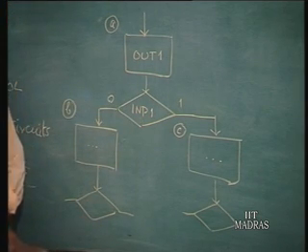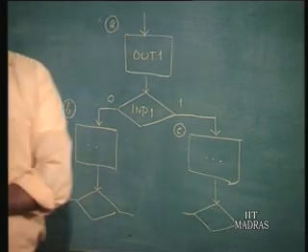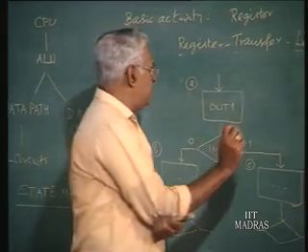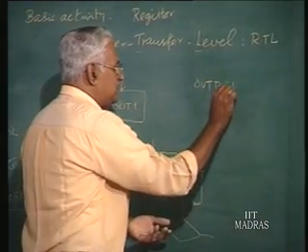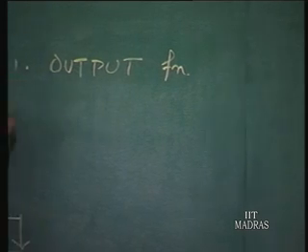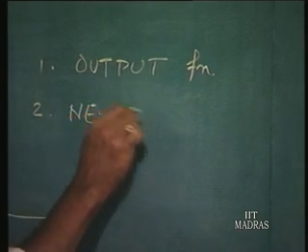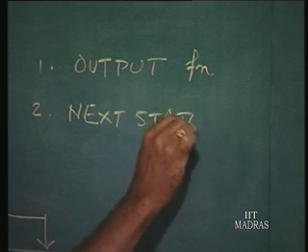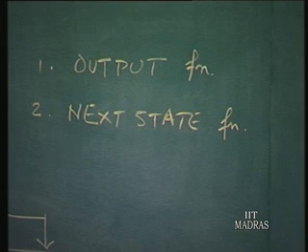In other words, the whole system design will boil down to two things. One is output function generation, and second is the next state function, correct? The next state function.